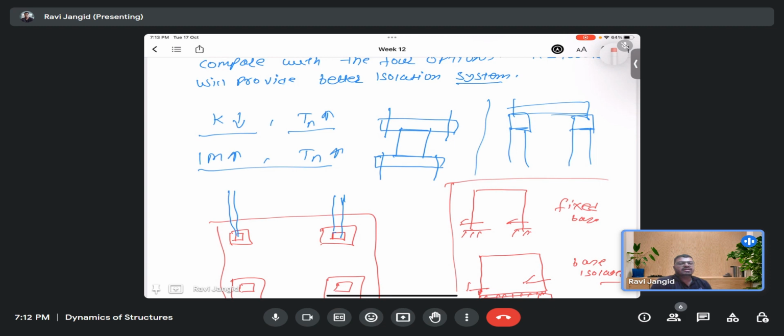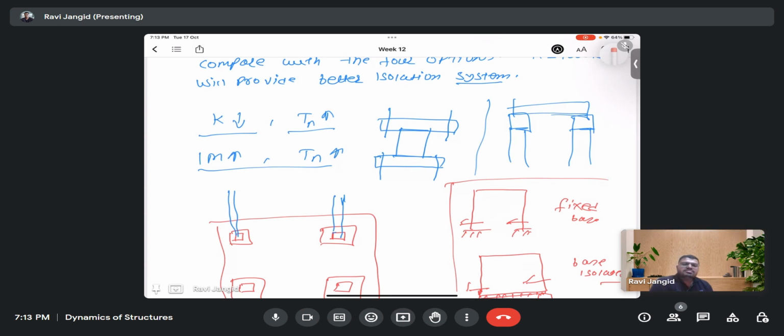In our lab it is also going on. If that is successfully done, the isolator's cost will be reduced significantly, to around 5 to 10,000. Because if you use it for a normal building, the cost becomes very high, it increases significantly.